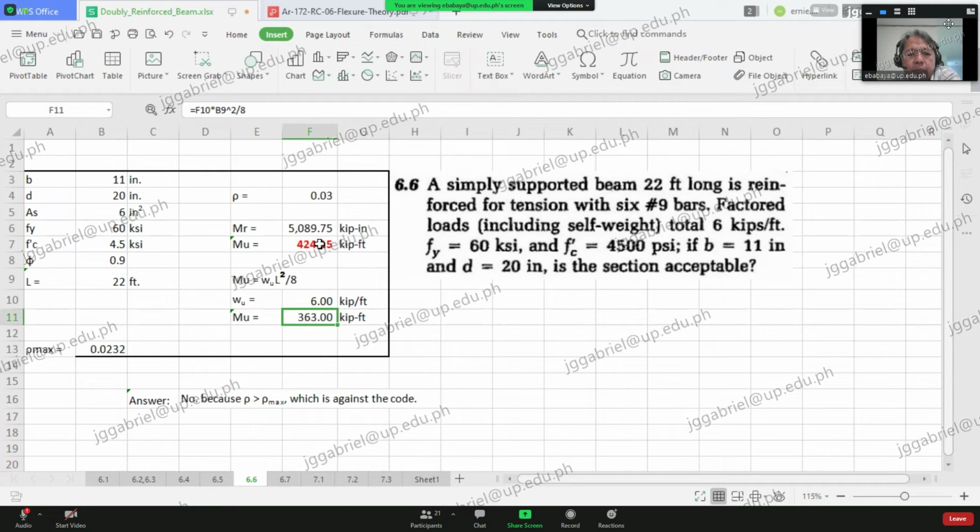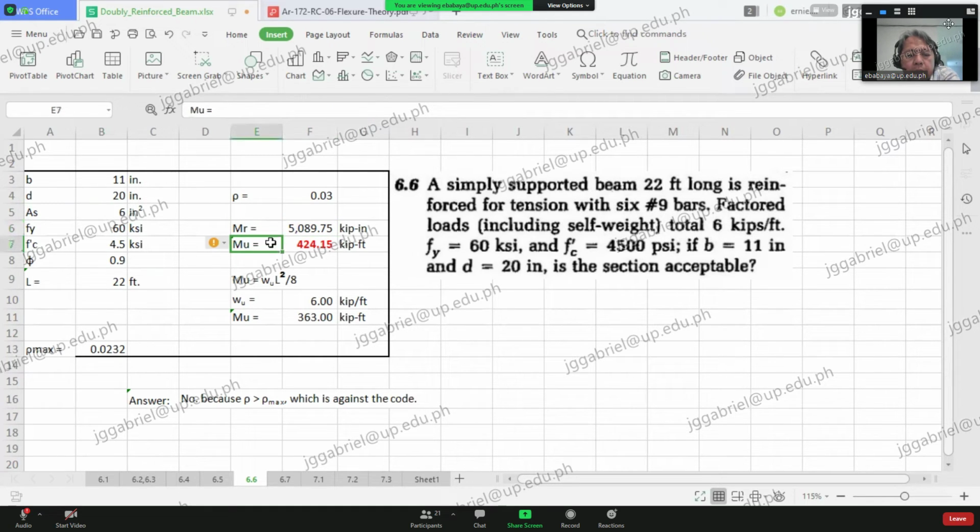Okay, if you compute it, you already have your B and your D, and then your area of steel. So your rho can be computed, which is 0.03. Now, if you compute for the resisting moment, the nominal multiplied by 0.9, you get 5,089 inch.